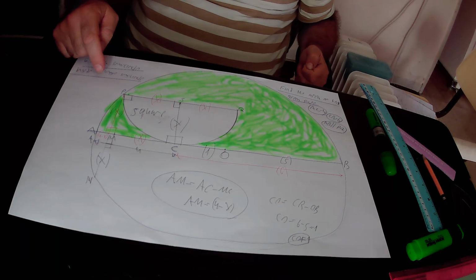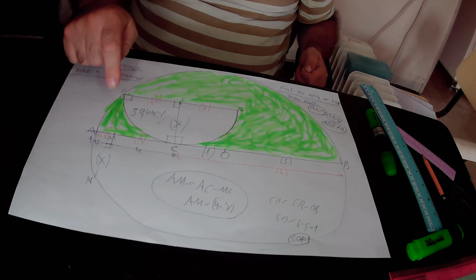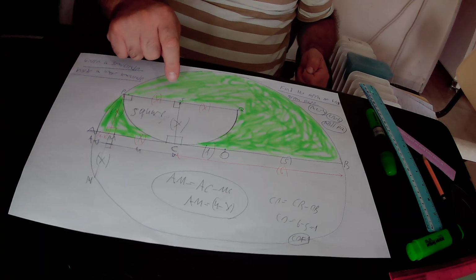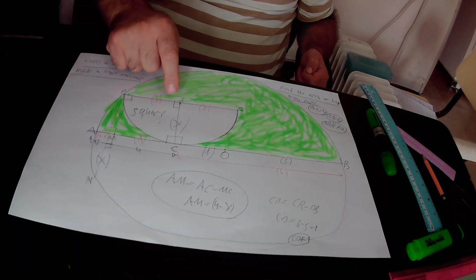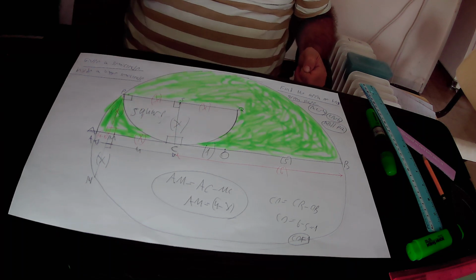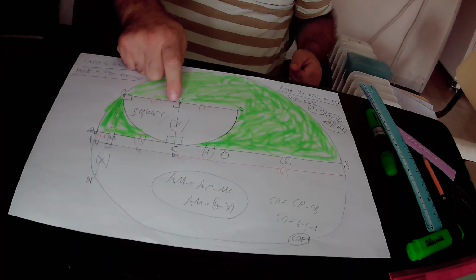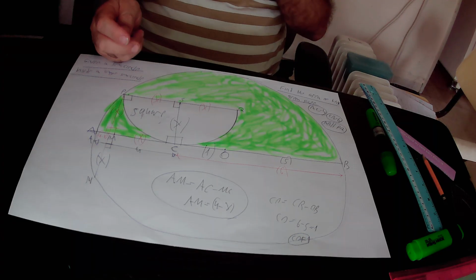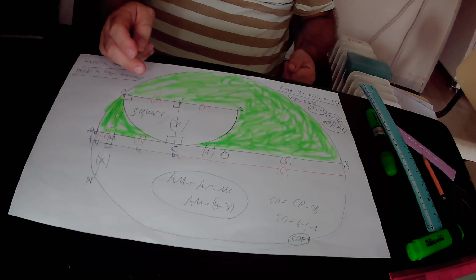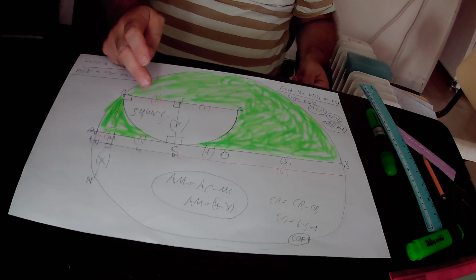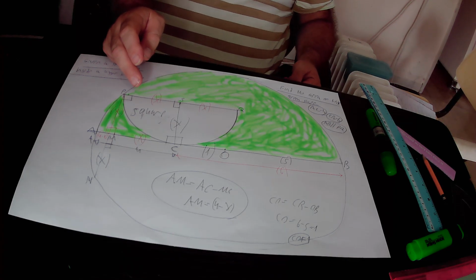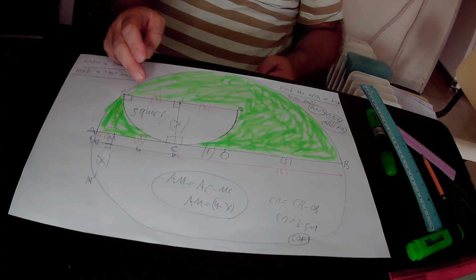So in total, in the small quadrilateral PSCM, we have 1, 2, 3 right angles. Therefore this fourth missing angle must also equal 90 degrees. So in quadrilateral PSCM, all four angles are right angles, and therefore it is a rectangle. We also know that the opposite sides of a rectangle are equal to each other.